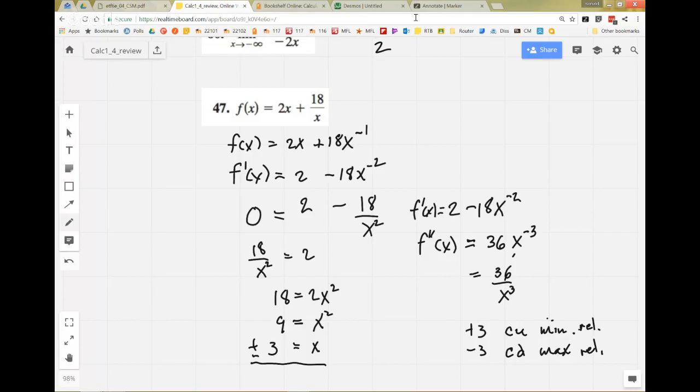I did the first derivative test, and we found a plus 3 and a minus 3, but we couldn't tell which was min or which was max. The second derivative allowed us to see that: if it's concave up, then it's got to be a minimum, and if it's concave down, then it has to be a max. So the second derivative is a handy tool for that.